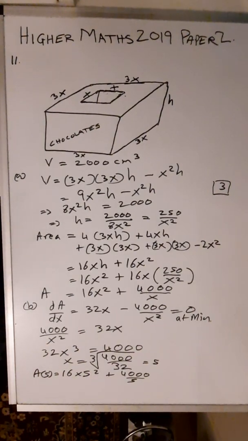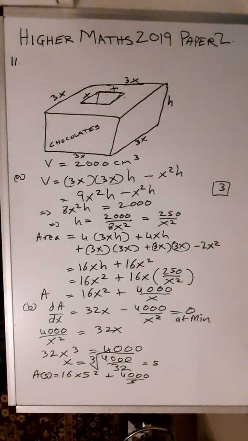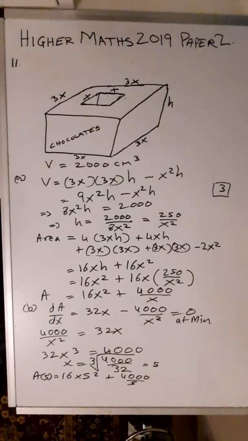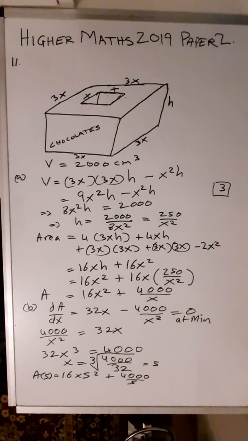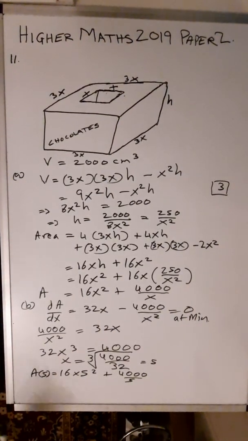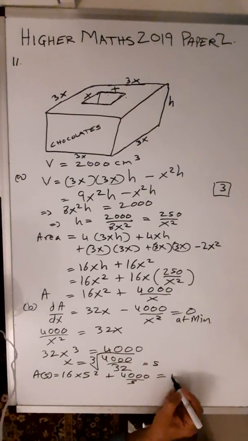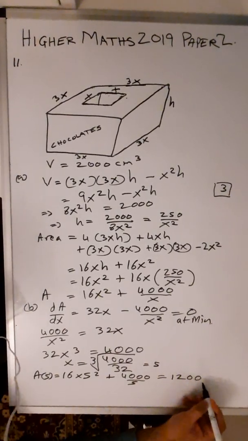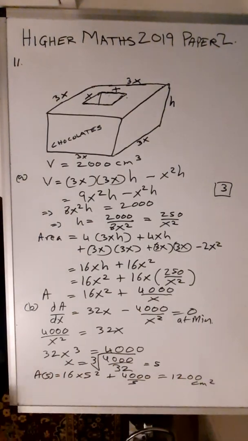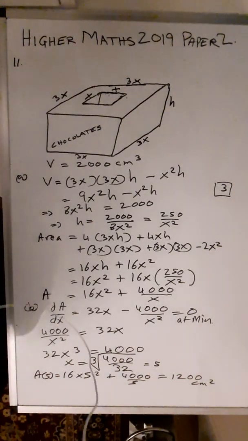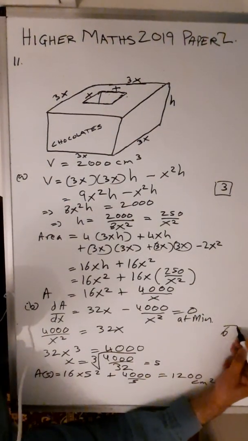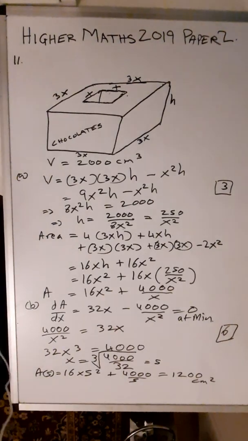Put that in your calculator: 16 times 25 plus 4,000 divided by 5. And the minimum area you're getting there is 1,200 centimeters squared for your minimum area. That is for 6 marks. The first part is the harder bit, but the more marks are for the second part.